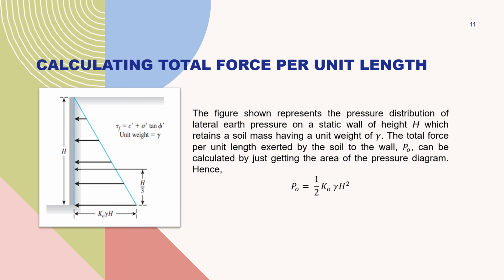The figure shows the pressure diagram, or the variation of pressure with respect to depth. As the depth increases, when z is equal to H, the pressure established is K O gamma H, the formula for the horizontal effective pressure, or lateral earth pressure, for dry soil.